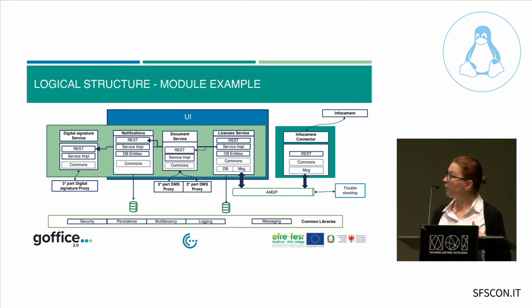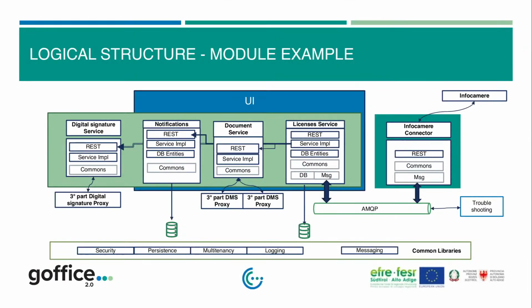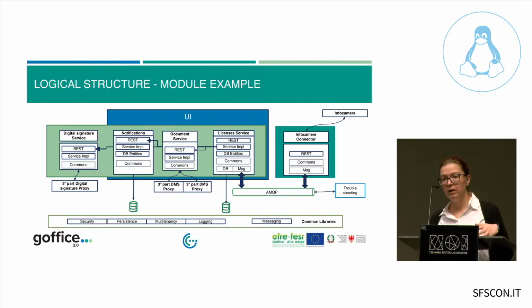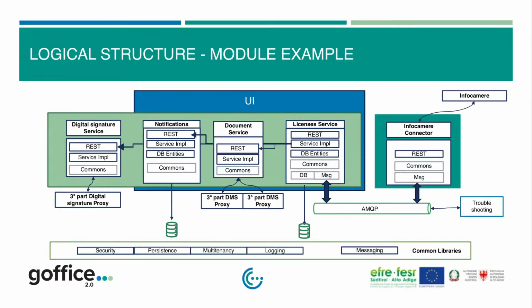For example, a German company provides our DMS, but in future we can switch to Alfresco, among others. It is only sufficient to implement a new proxy, and the REST API doesn't change. And then the small pieces at the bottom are common libraries that are used not as services, but directly as libraries in the code.